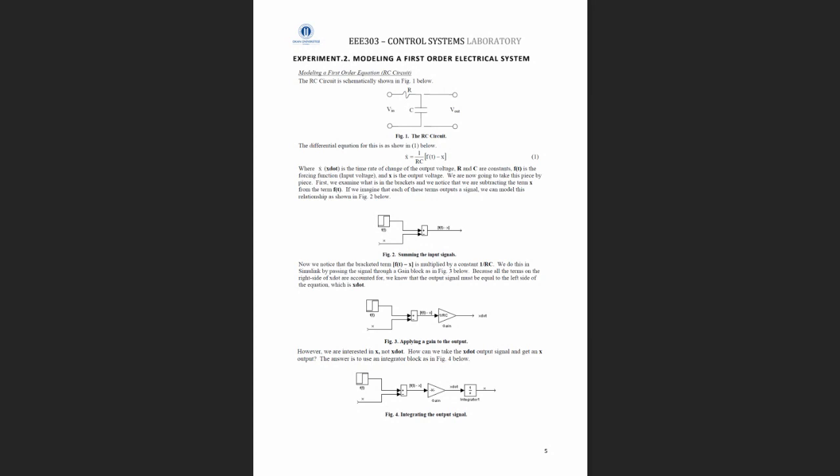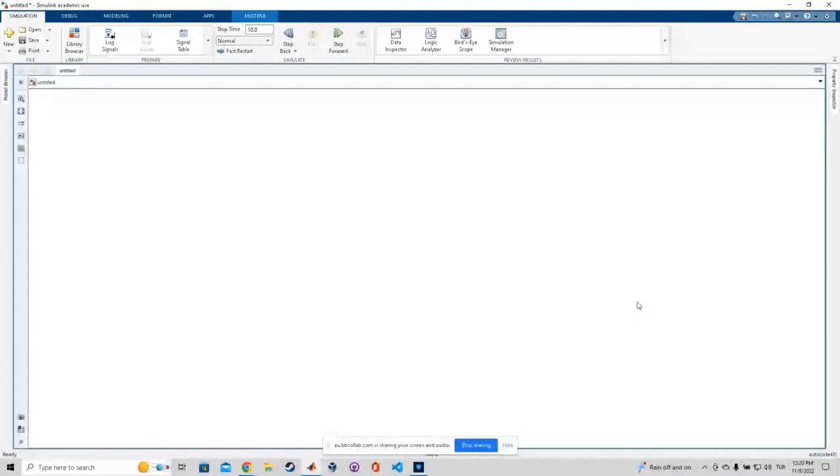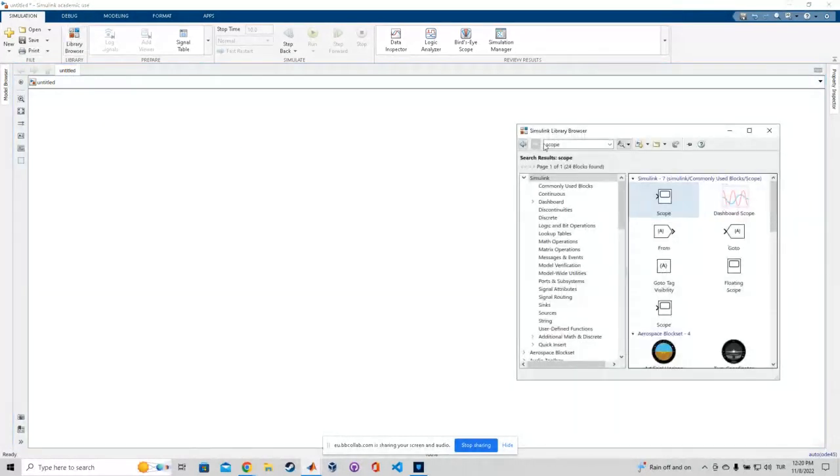Let's go to MATLAB again. So let me share the screen. Okay, let's clear this. First, we're gonna take our step function. Of course, we need a function first for the input voltage.